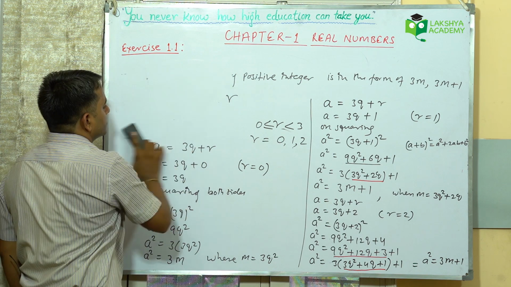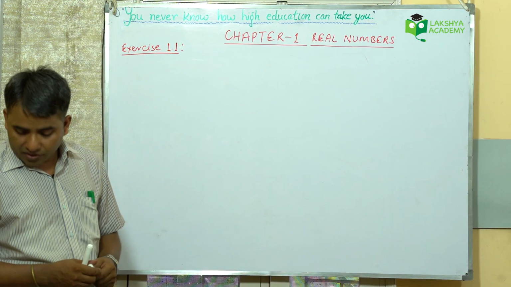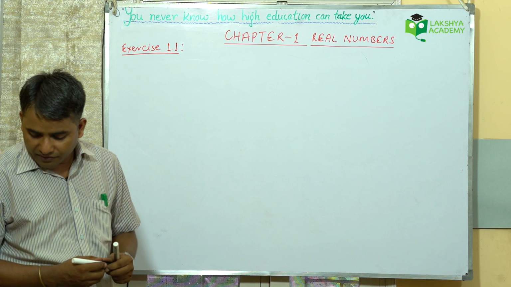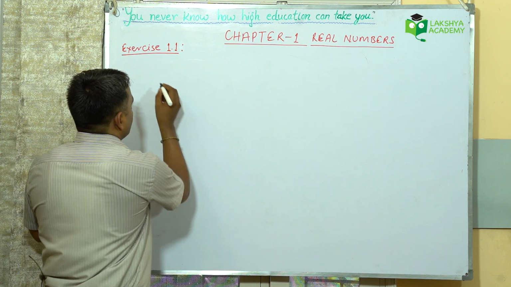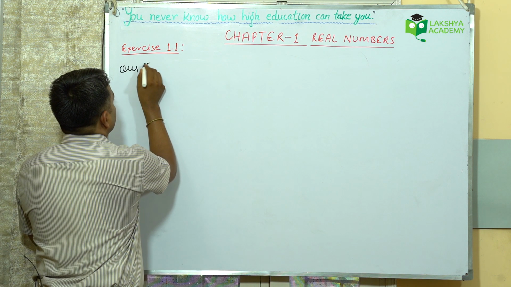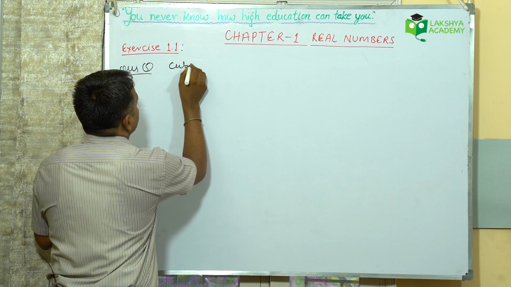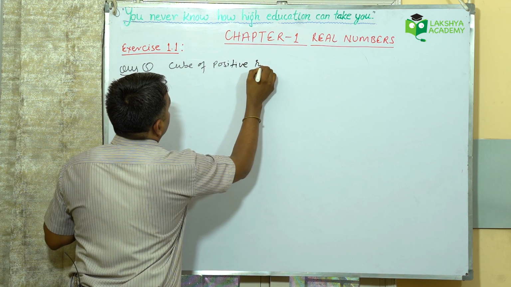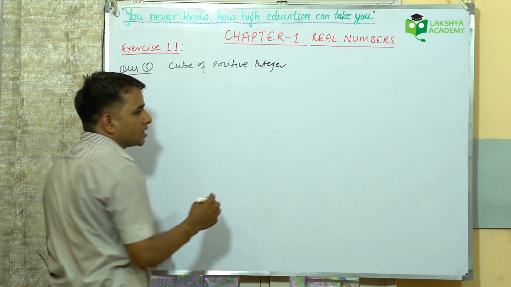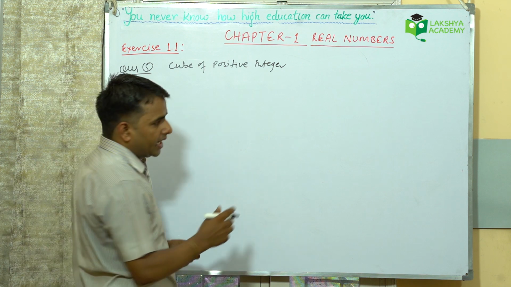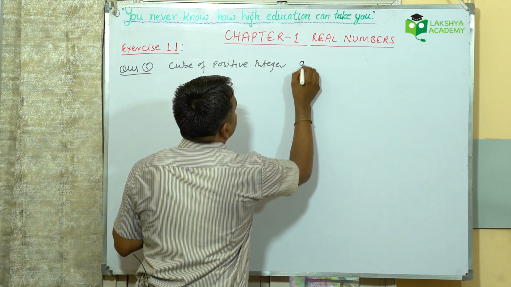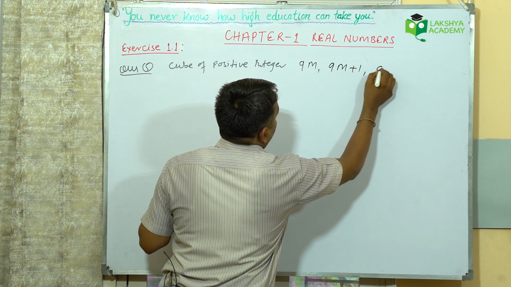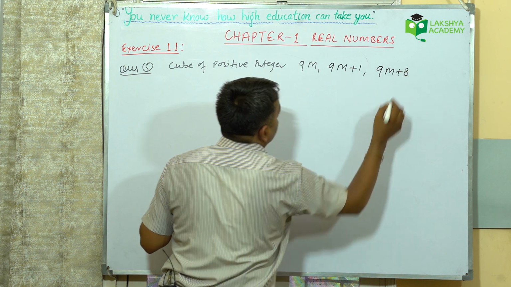Now coming to the fifth question. Use Euclid's division lemma to show that the cube of any positive integer is of the form 9m, 9m plus 1 or 9m plus 8. So the cube of a positive integer is in the form of 9m, 9m plus 1 or 9m plus 8.